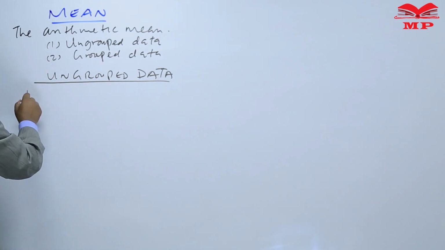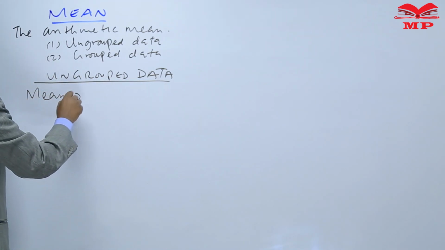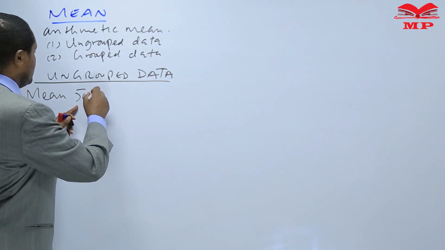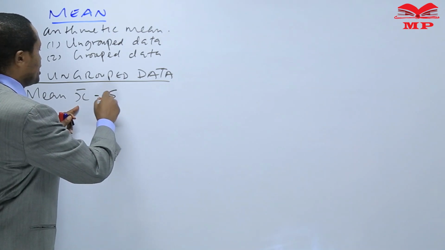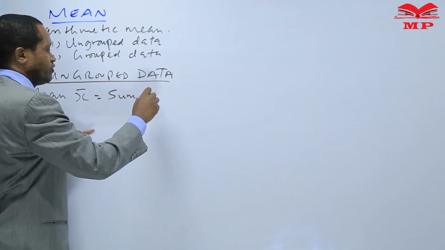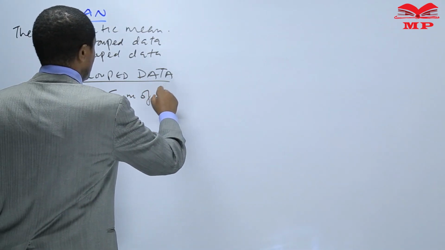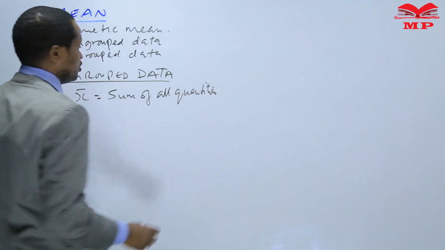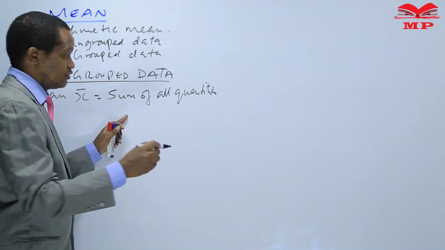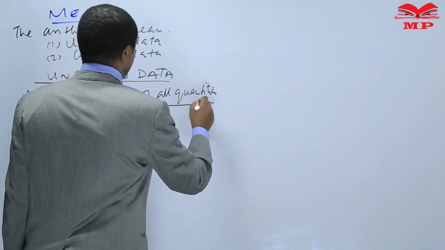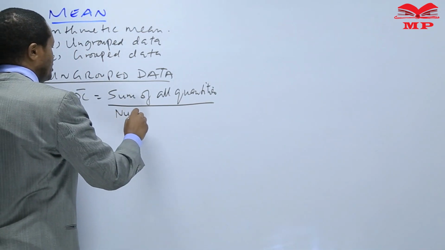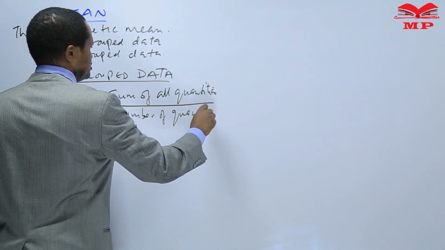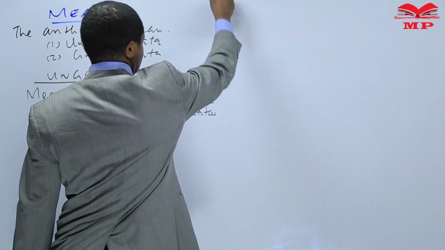The mean for ungrouped data, abbreviated as x bar, will be equal to the sum of all quantities in the set of data divided by the number of quantities.